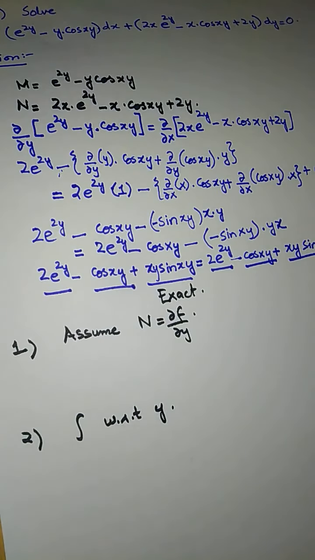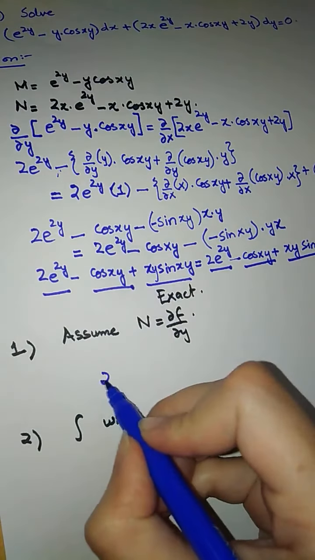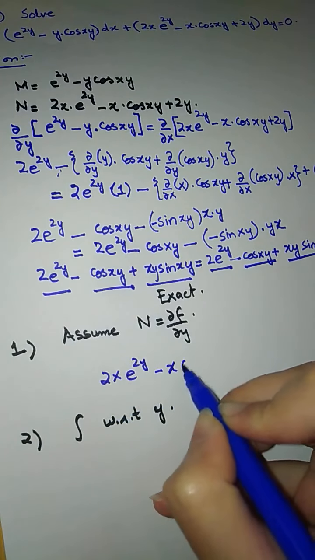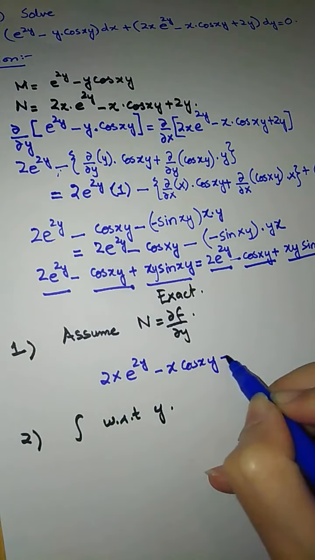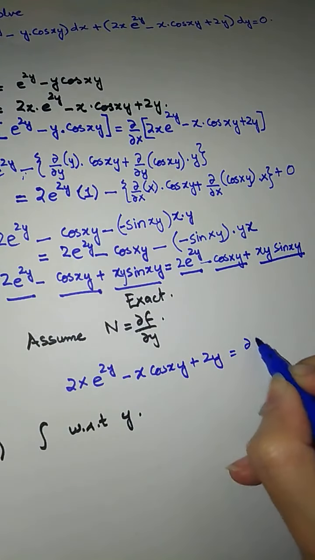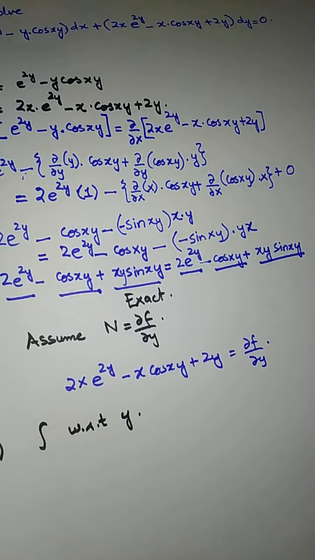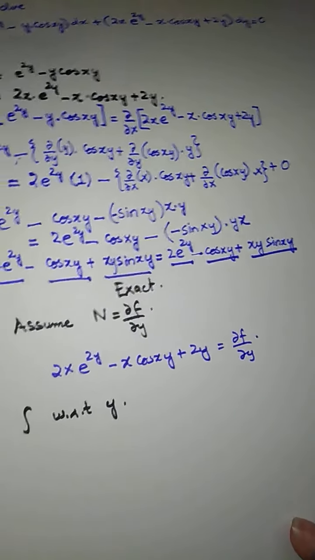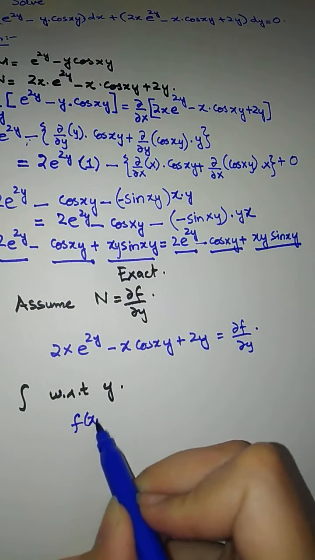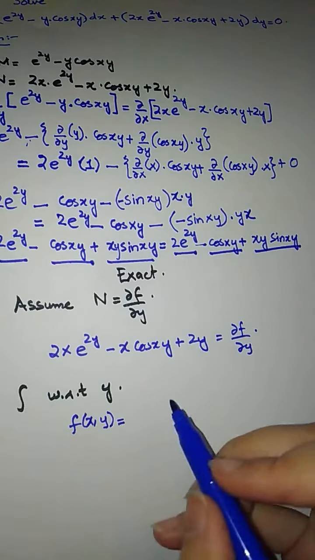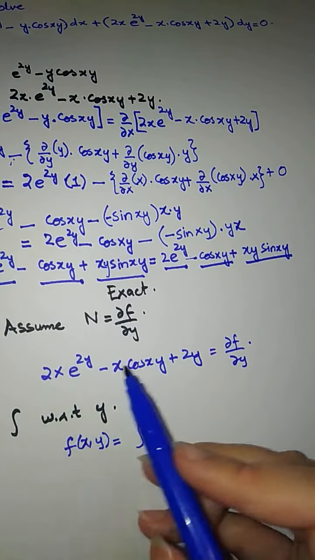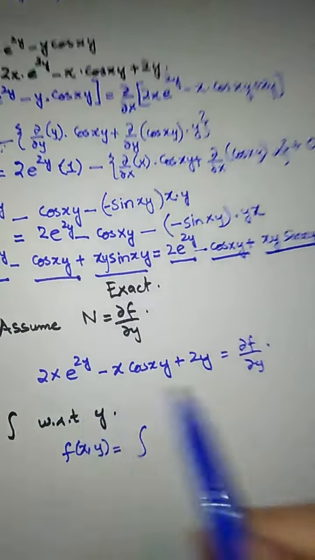Here N is 2x e to the power 2y minus x cos of xy plus 2y, and that is equal to partial f by partial y. So when we integrate this with respect to y, partial f by partial y becomes f of xy, and this function is N.